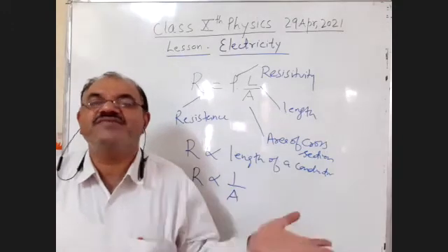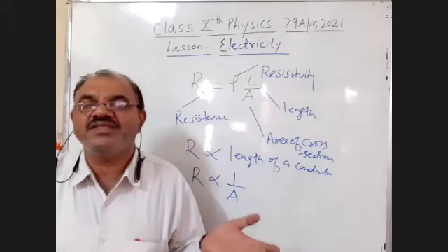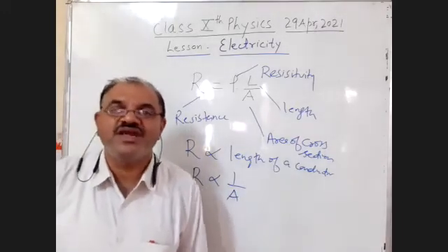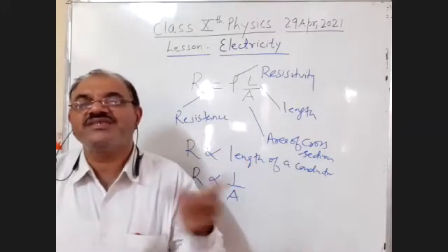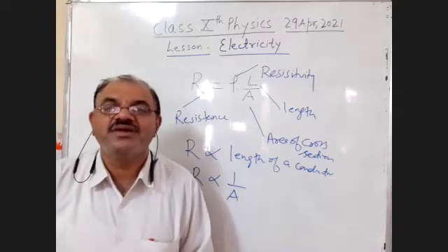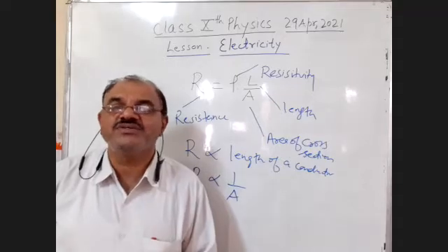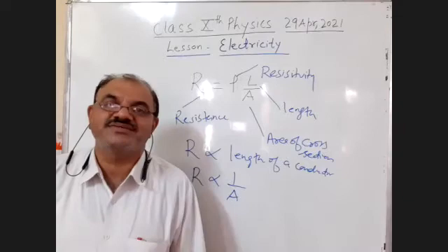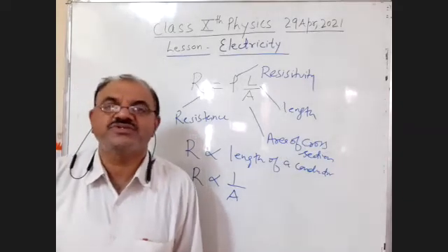Once the resistivity is low, they have good conductivity. That's why copper and silver wires are used in electrical supply for the transmission of current. Very, very important questions.